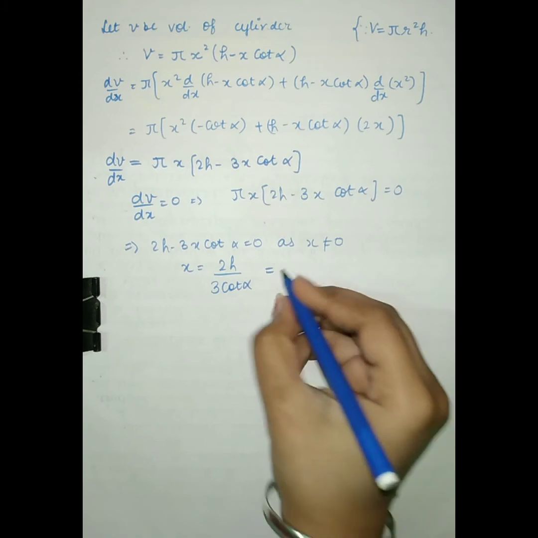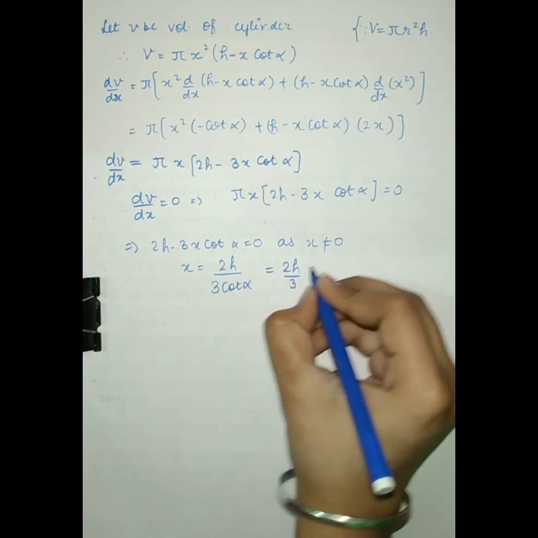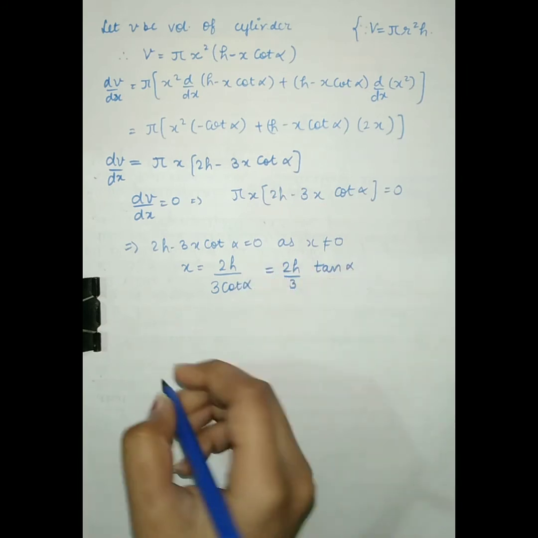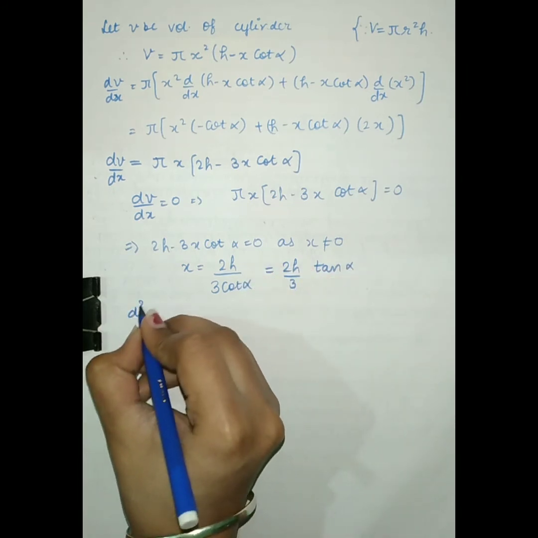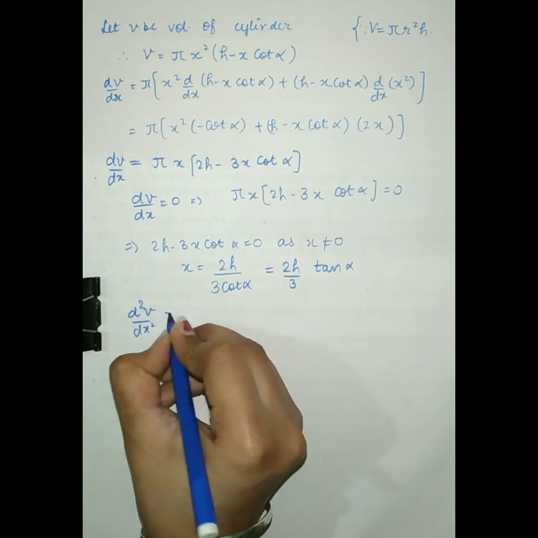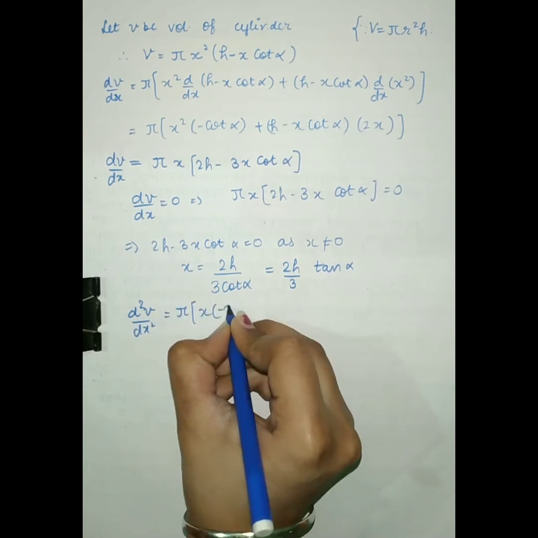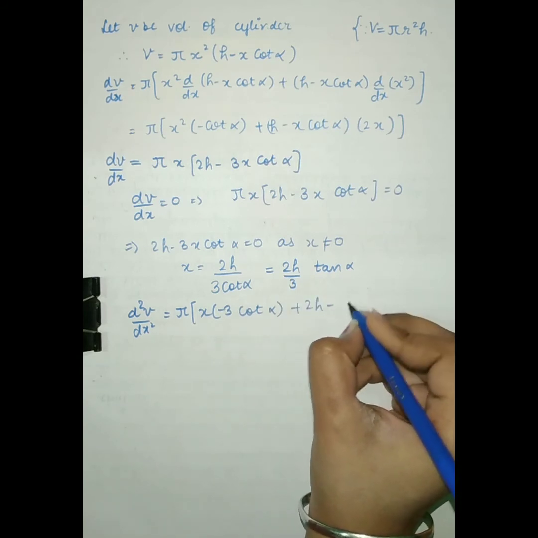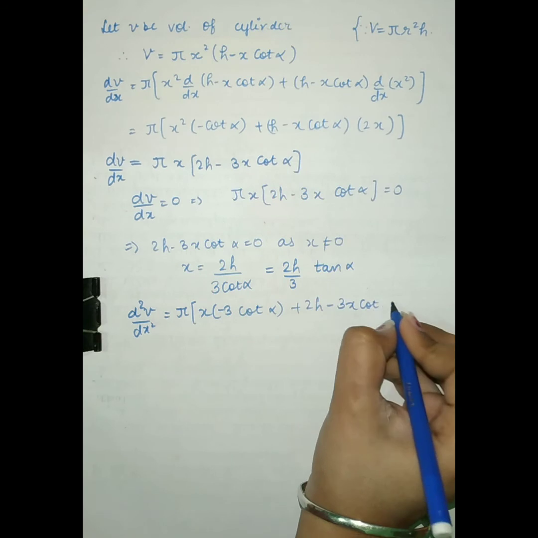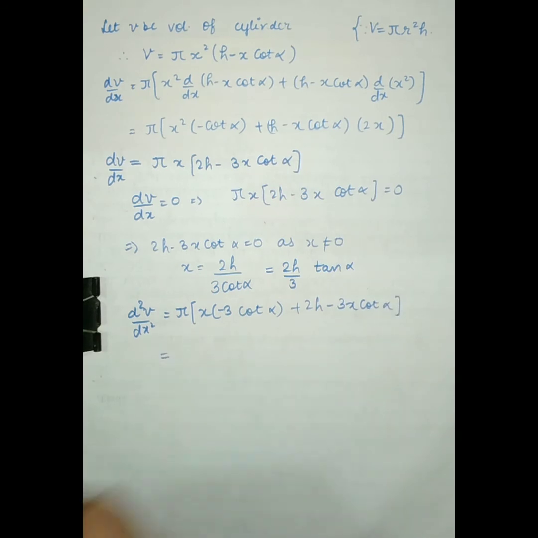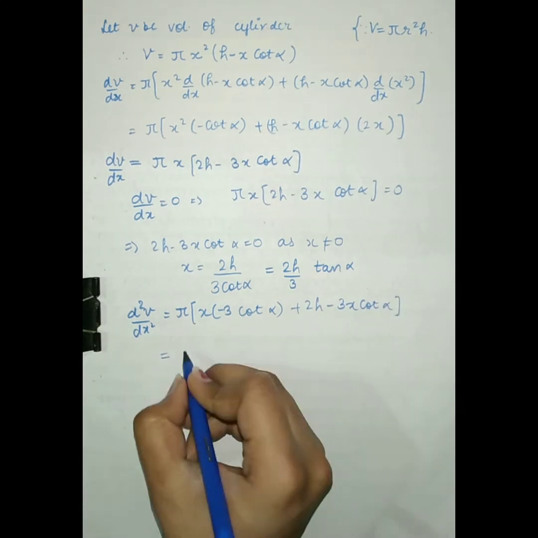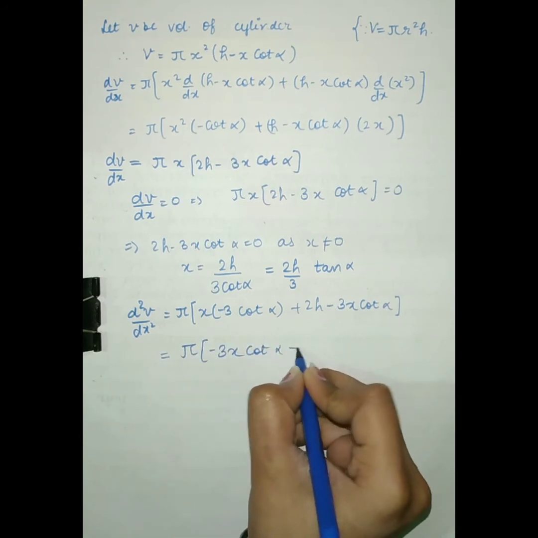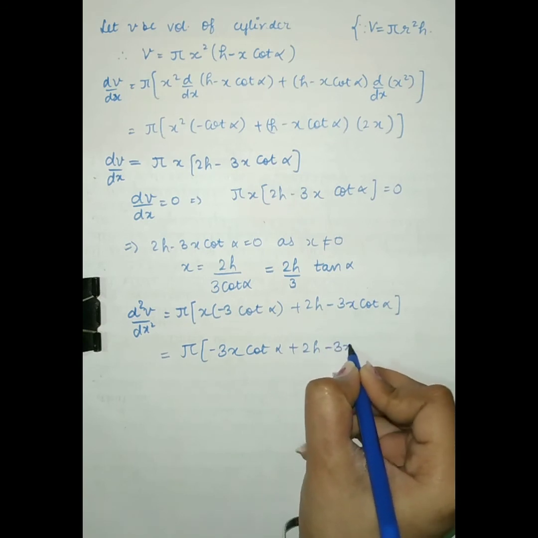That means x equals 2h upon 3, into tan alpha, because 1 upon cot alpha equals tan alpha. Now we have to find d squared V by dx squared, which is pi into [minus 3 cot alpha plus 2h minus 3x cot alpha minus 3x cot alpha].